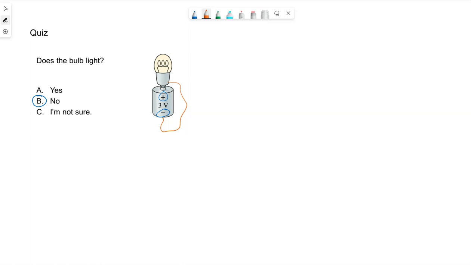In order for current to flow in a circuit, there has to be a complete path from the positive end of the battery to the light bulb back to the negative end of the battery. So we would need a connection for current to flow. Since that connection is not there, then no, current cannot flow that way.